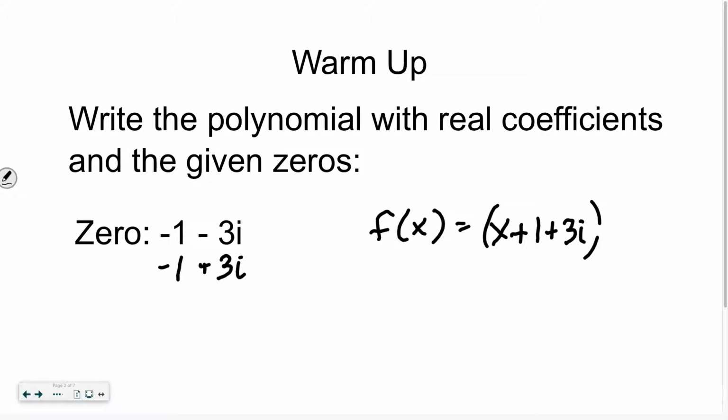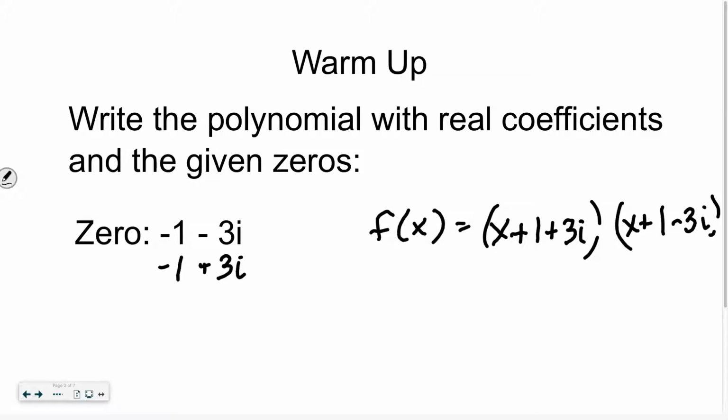Okay. And then I'm going to take another little shortcut here. I'm going to do x minus k for my next zero. So I'm going to do x minus negative 1 and also minus a positive 3i. So that's going to turn negative. Would you agree that we should have a factor that looks like x plus 1 minus 3i then? Okay, so for some people, in my notes I showed where I put those things in parentheses and then I distributed.